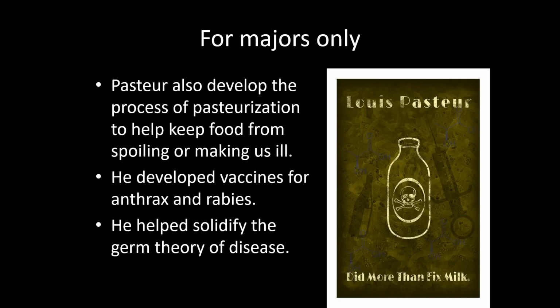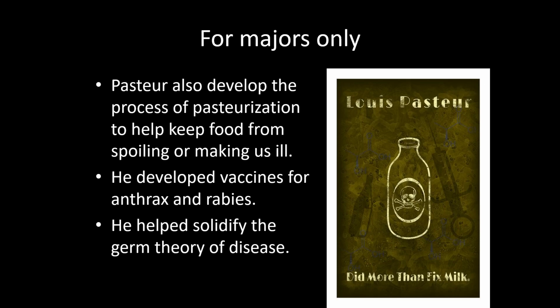This one is just for the majors. Pasteur did a whole slew of things. He did not just disprove the idea of spontaneous generation. He is the guy who invented pasteurization, which essentially means that you take food products and beverages and you heat them up for a brief period of time and then rapidly cool them. That kills bacteria that are in them. It doesn't kill all of them, but it drastically reduces the number so that it allows that food to survive for a longer period of time.